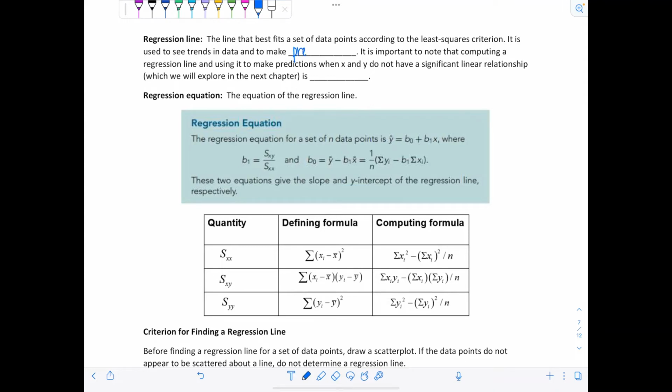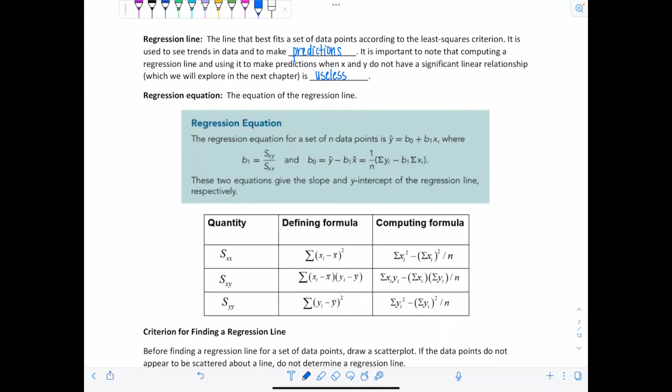It is important to note, though, that computing a regression line and using it to make predictions when x and y do not have a significant linear relationship, which we'll explore in the next chapter, is useless. And you do really need to be careful with this, because the computer or StatCrunch or whatever technology you use, if you give it a set of data points and say, find me a regression line, it will.